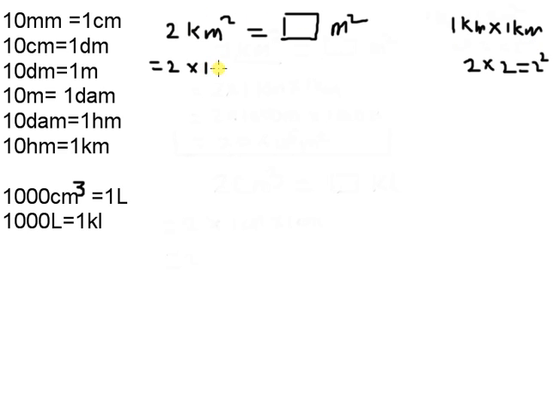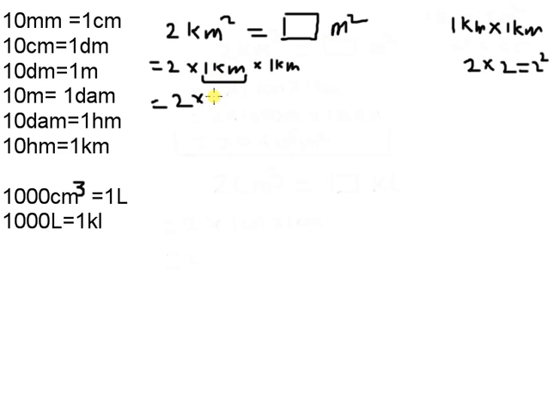So I'm going to analyze it: 1 kilometer into 1 kilometer. Okay, moving on further. First I'll convert 1 kilometer over here. Since we want to convert kilometer square into meter square, we'll convert kilometer into meter.